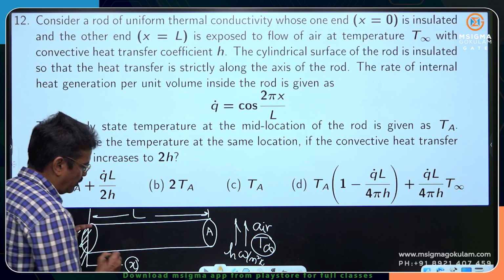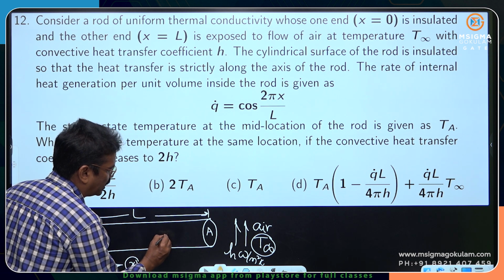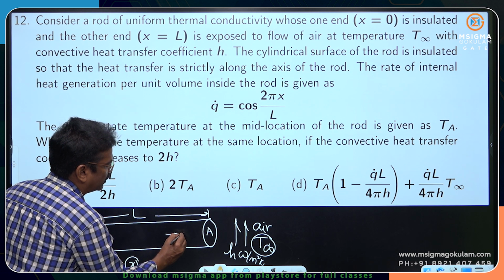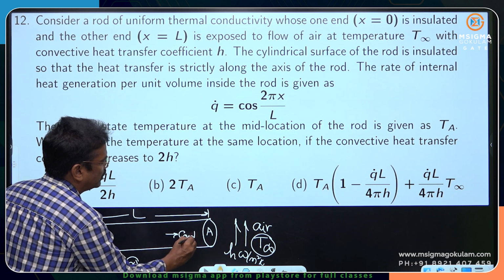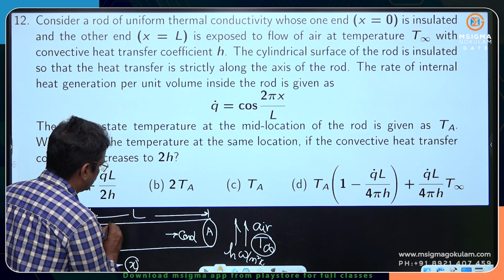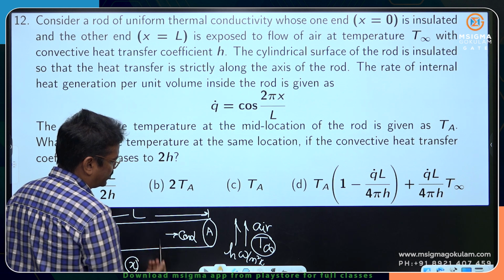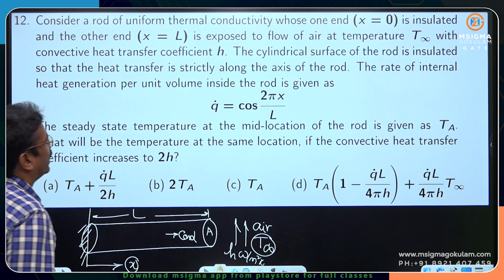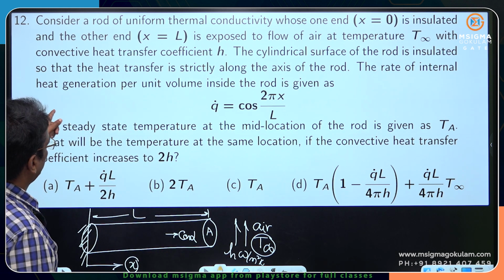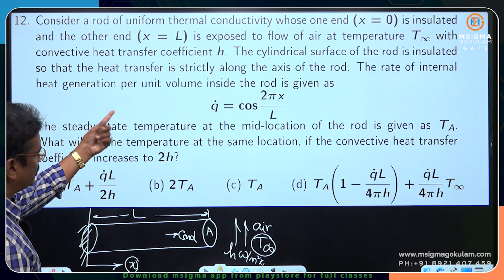You are assuming that conduction heat transfer is happening only along the x direction because this surface is insulated. There cannot be any conduction happening along the radial direction. The rate of internal heat generation per unit volume inside the rod.